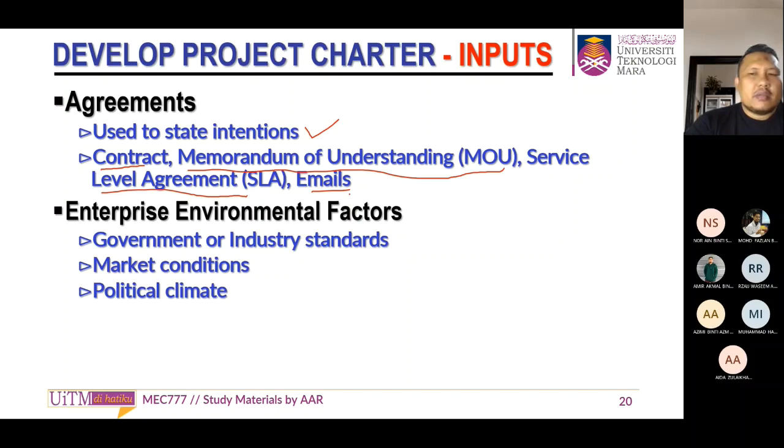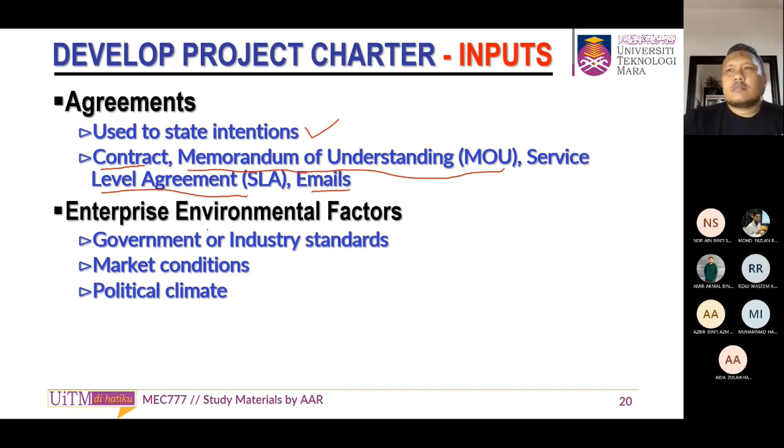This is the agreement, for example, the agreement between our institution or our company and financial bodies, banks and all that. So we need to have the service level agreements, for instance, memorandums, or whatever we call it.